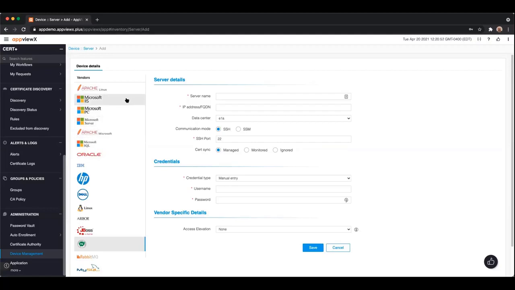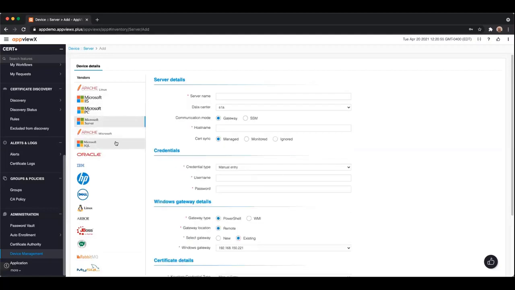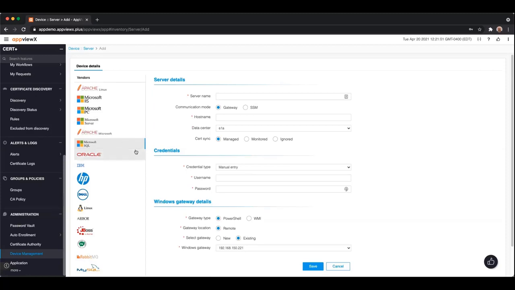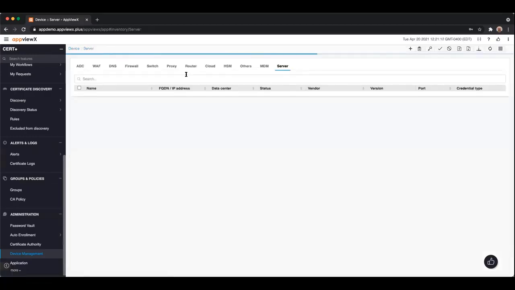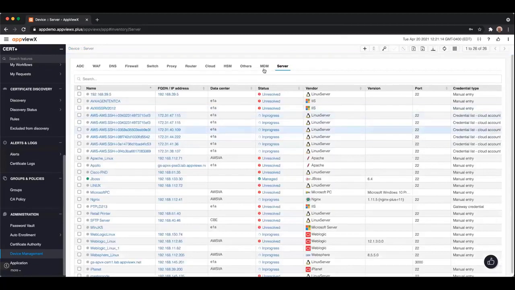When we get into Microsoft, your Microsoft IIS, Microsoft Server, SQL, etc., we have native integration points, and we can manage and discover those certificates from these devices. So, very vendor agnostic, and as we discussed earlier, configurable to meet whatever your particular needs are.